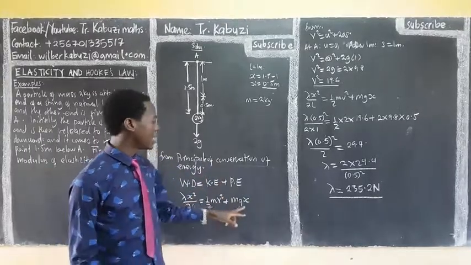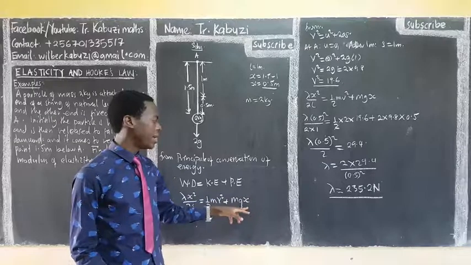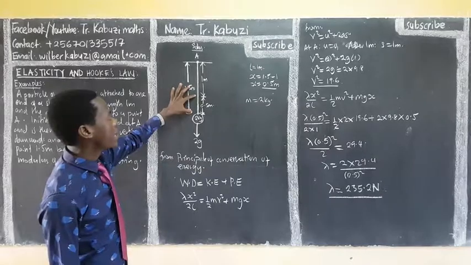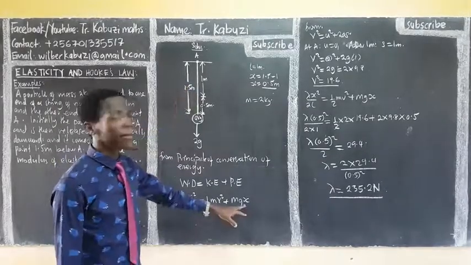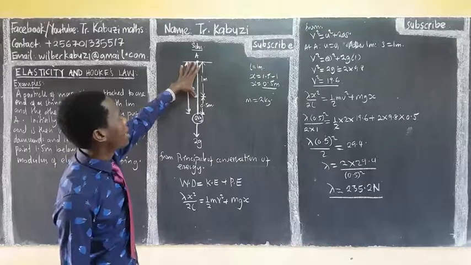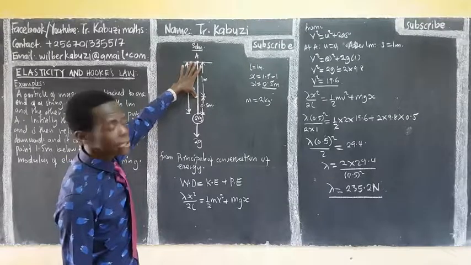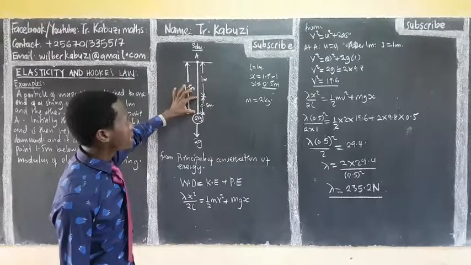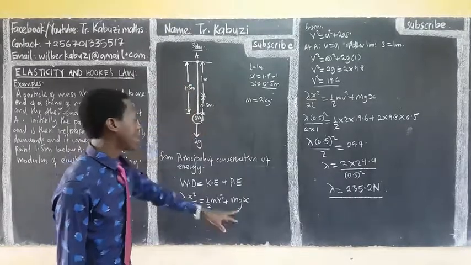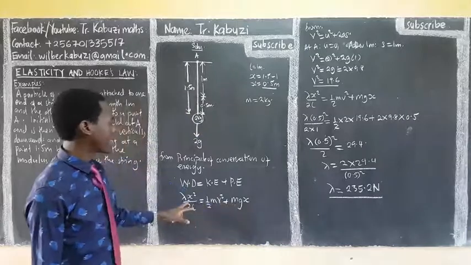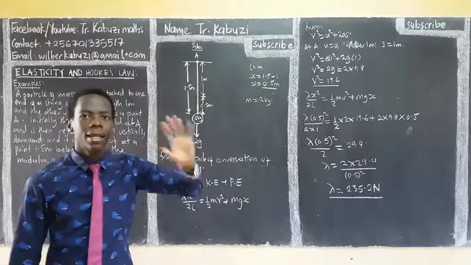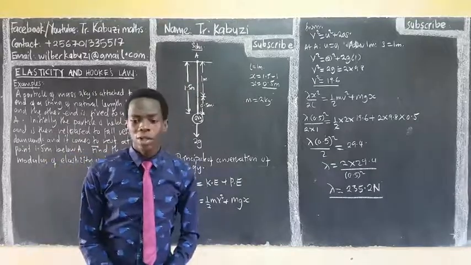This x is the distance after the stretch. After it has reached its natural length, we calculate for this distance, which is the stretch. That's where we put our x in the work done, and this v is the velocity from here up to here. That's it, members. I wish you well.